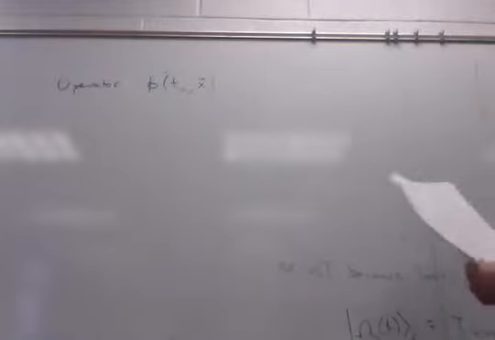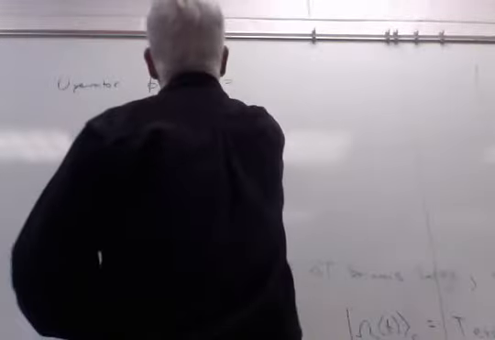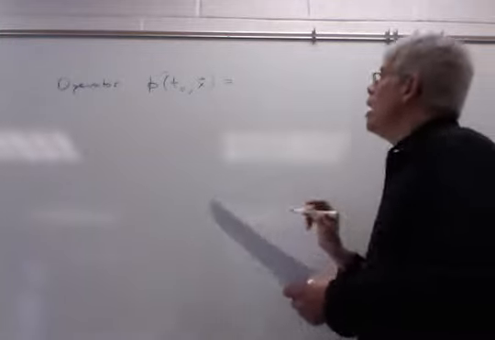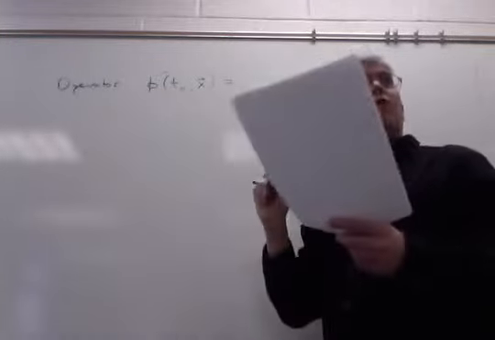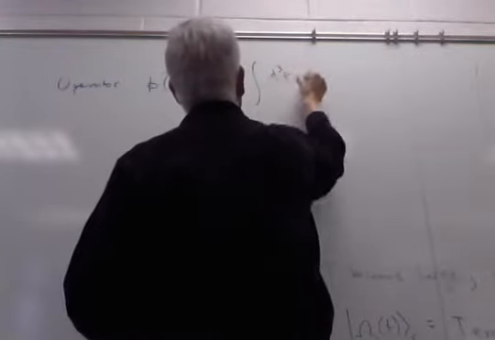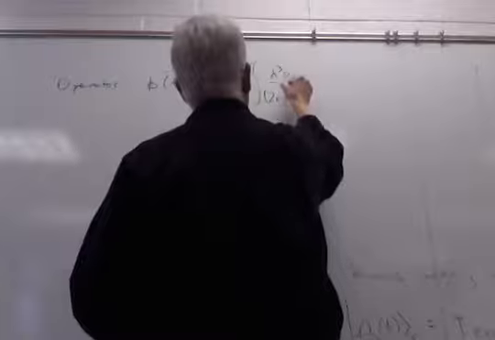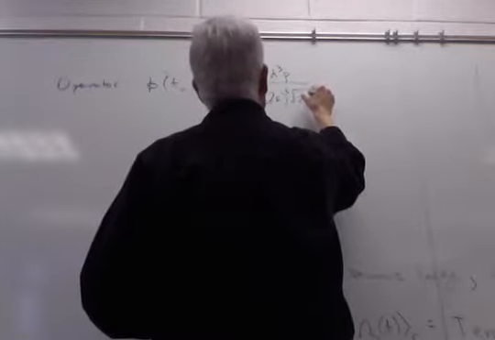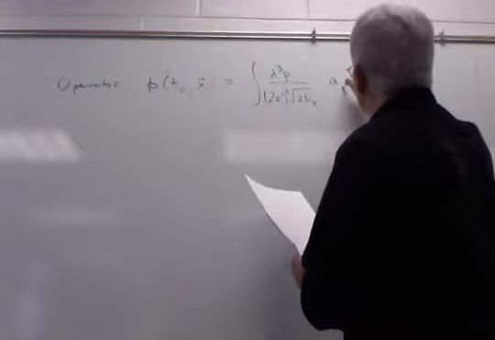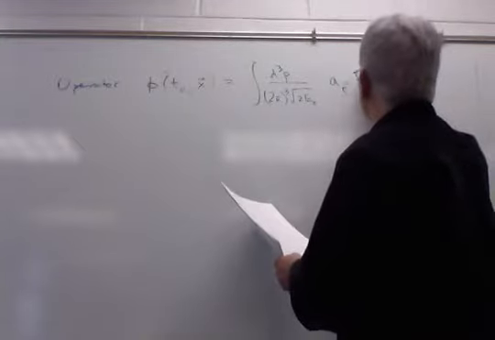Okay, so at t0 we're back in the past where everything is free, and then we have a nice expression for phi, our famous expression using creation and annihilation operators, which is a way of writing a solution of the free Klein-Gordon equation.